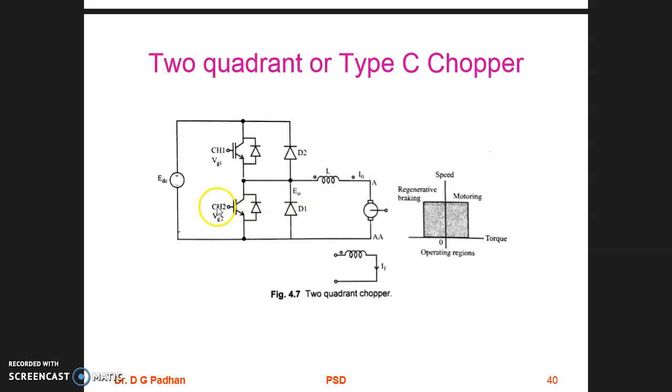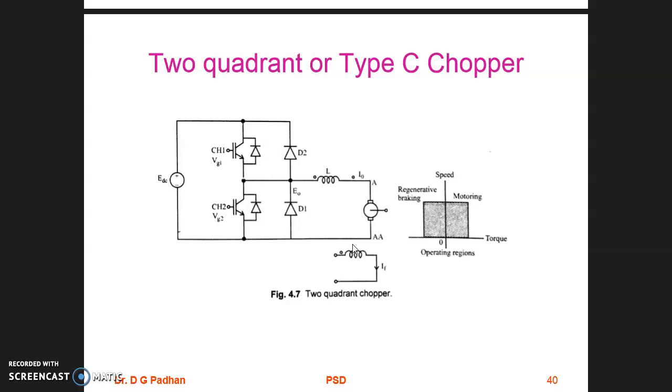Though switching from class A to class B configuration is a satisfactory method for obtaining regenerative braking for some applications, in applications like machine tool drives, a very smooth transition from driving to braking is essential.